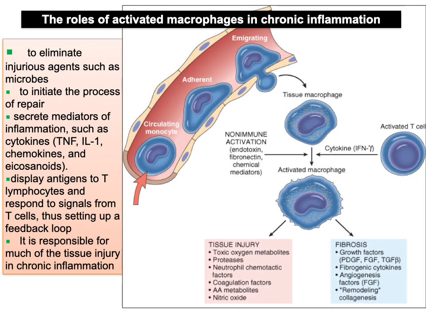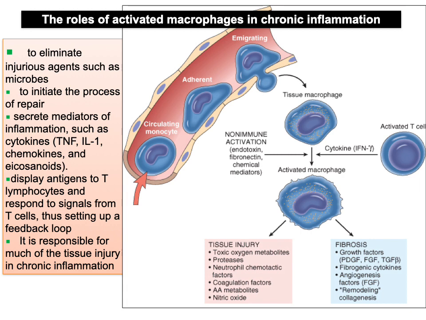Number one, macrophages become activated, and by doing so, they become more equipped to eliminate whatever invading substance there is. At the same time, aside from being able to secrete more substances that can eliminate, they can also secrete cytokines that start the process of repair. So it is at this stage you will see na it is actually the macrophage that is responsible both for the destruction and the attempts to repair.